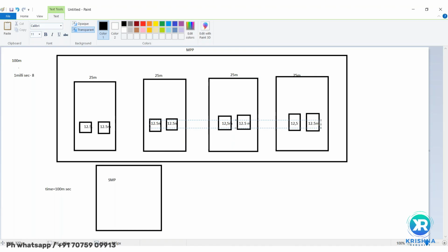Because in 1 millisecond, 8 records got distributed. So can anyone tell me how much time it will take to distribute 100 million records into 8 slices? Hello, I asked a question. Can you please tell me 100 million records will take how much time to distribute into 4 nodes or 8 slices?